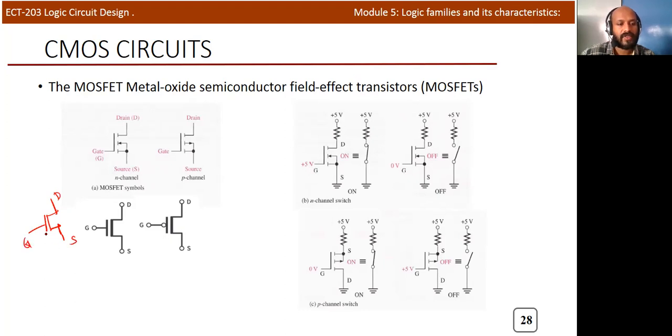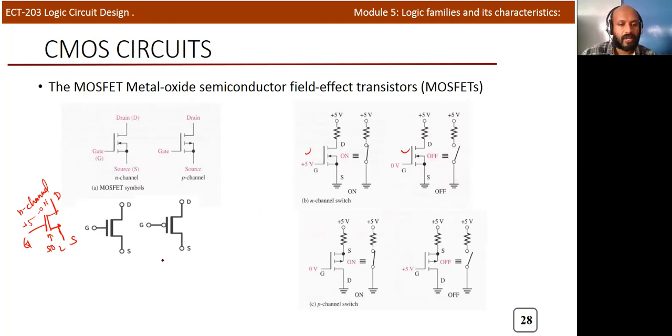There is a gap between the gate terminal and the channel to indicate that this is an insulating area. This is the symbol used for N channel, because in N channel, if you apply plus 5 volt, the transistor will be in the on condition, and if you apply 0, it is in the off condition. The working is the same.